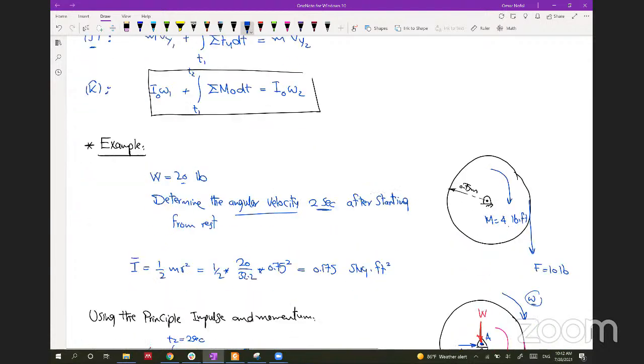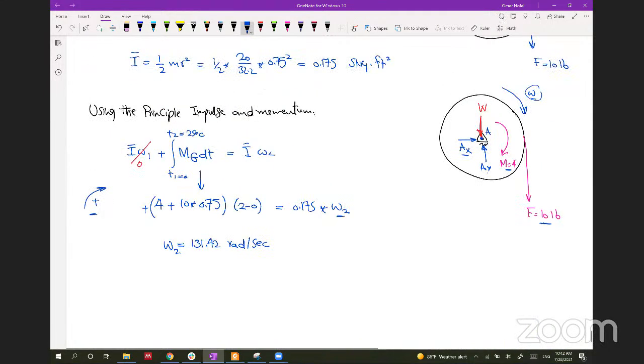If you use the other 2 equations, like if you said that you want to get mvx1 plus the sum of Fx dt will be equal to mvx2. So we know the initial condition is 0, starting from rest. And you know that the CG will not be moving anywhere, either in X or in Y, because it's restrained here. So mvx2 will be equal to 0.